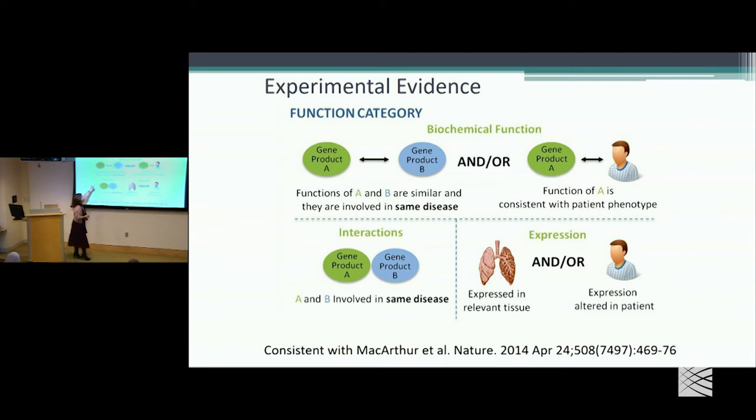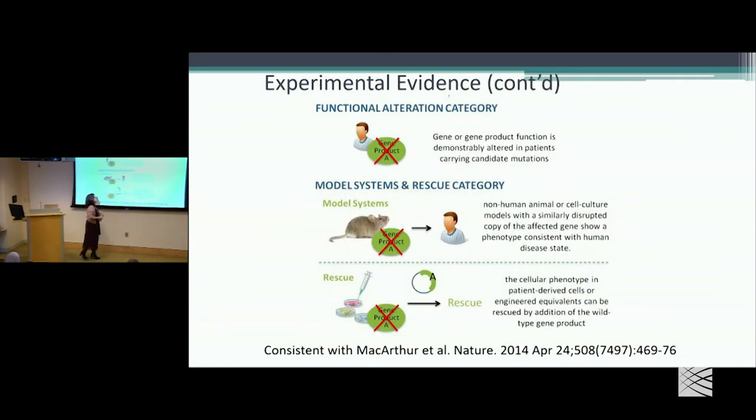So the functions of A and B are the same, and they're involved in the same disease, or the function, like the example of the inborn error of metabolism I gave, is consistent with the patient phenotype, or A is your candidate, but it is shown to interact with B, which is involved in the same disease, or the expression of the gene is in the right tissue. Those types of evidence, or functional alterations.